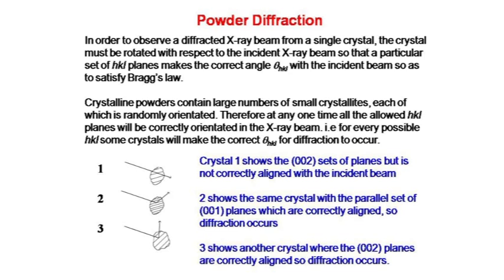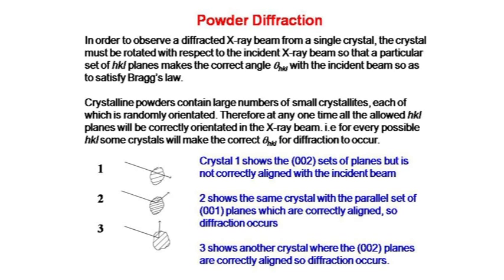So in this example here, in the first crystal, we've got the 002 set of planes, and that set of planes is not at the correct angle, and so we don't see diffraction from that plane. But the 00, that should be the other way round.